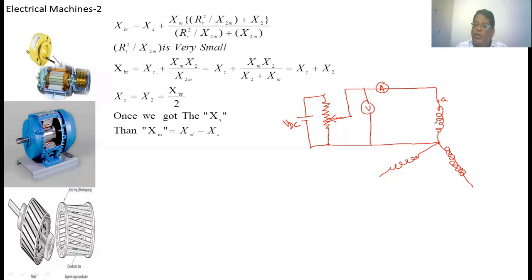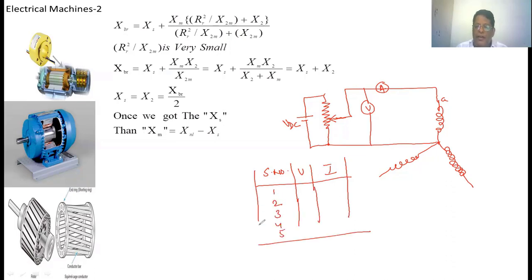Apply a small voltage to the one phase and note down the ammeter reading. Again increase the voltage and note down the ammeter reading, and again increase the voltage and note down the ammeter reading. In this manner, we take the serial number, voltmeter reading and ammeter reading, at least 5 readings. In each case you note down the resistance, which is the voltmeter reading divided by the ammeter reading.